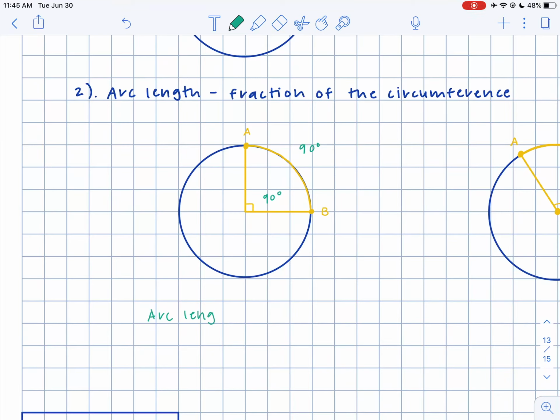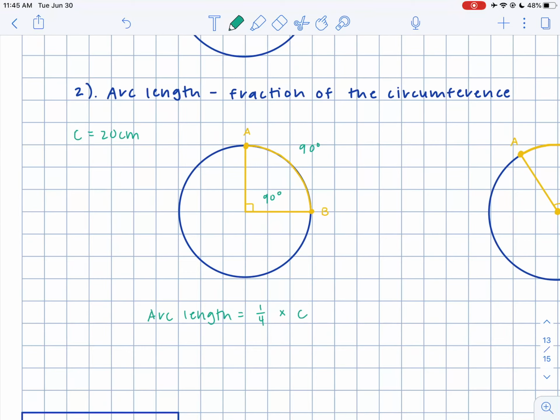To solve for arc length, arc length equals the fraction of the circumference. So 1/4, because the arc makes up 1/4 of the entire circumference, times the actual circumference. I'm going to tell you that the circumference here is 20 centimeters.